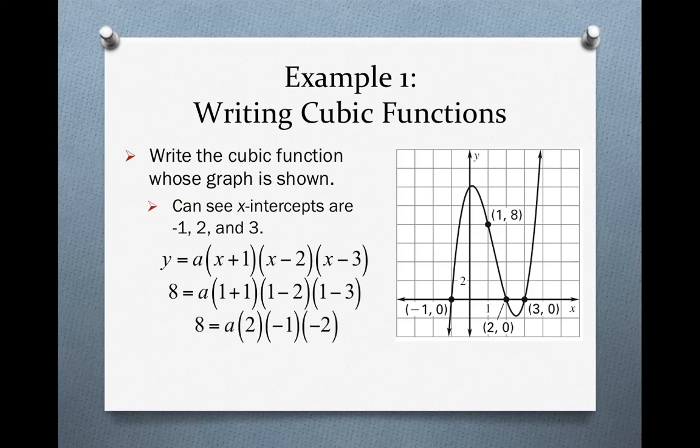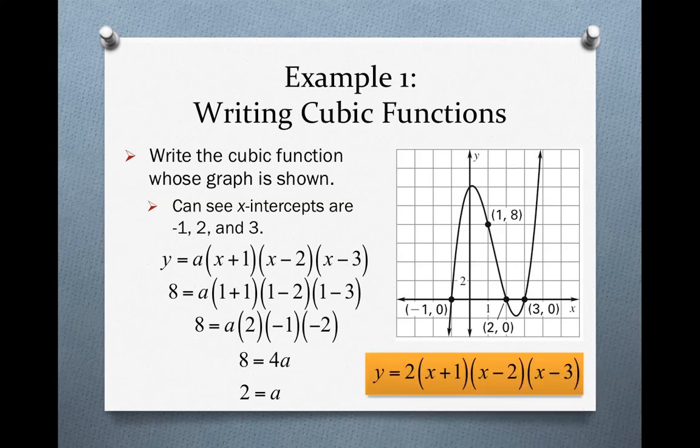So I'm going to simplify each parentheses so that I'm looking at 2 times -1 times -2, which gives me a 4. So I now have the equation 8 equals 4a, which means a would equal 2. So now I go back to the factored form.